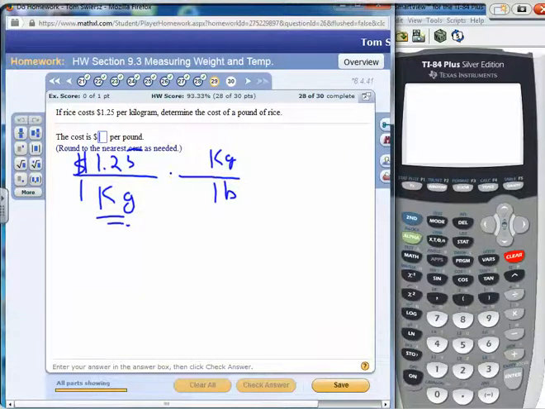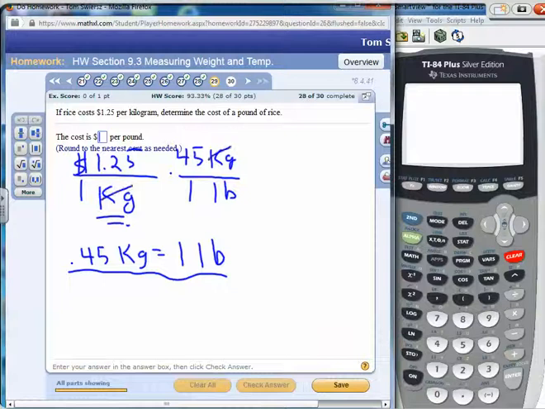And again, if you go back to previous problems or view an example, 0.45 kilograms is equal to 1 pound. That's the conversion factor we're given or using. So 0.45 goes here, 1 pound goes there. Now kilograms cancel, and we get the cost in the numerator per pound, which is what we want. Okay?